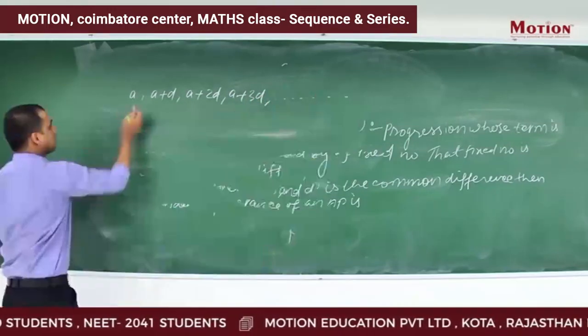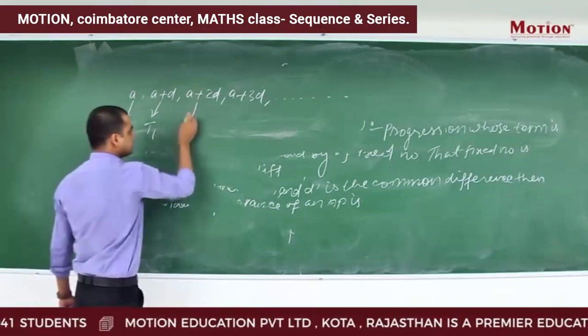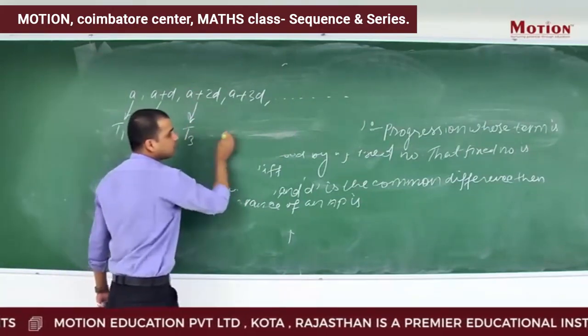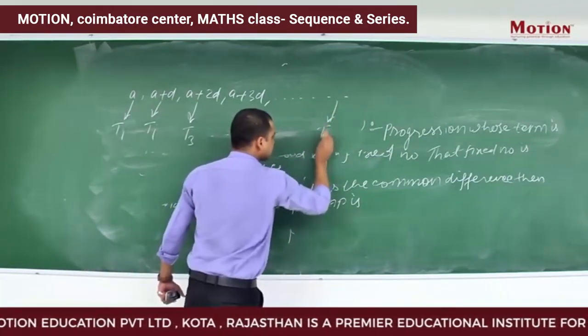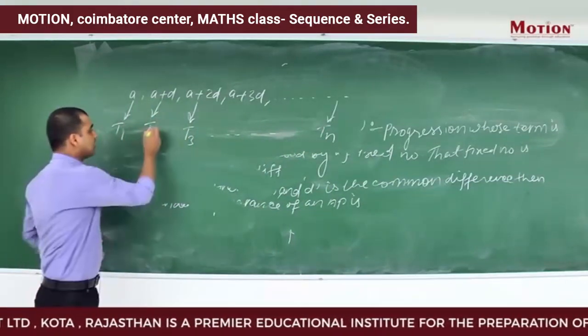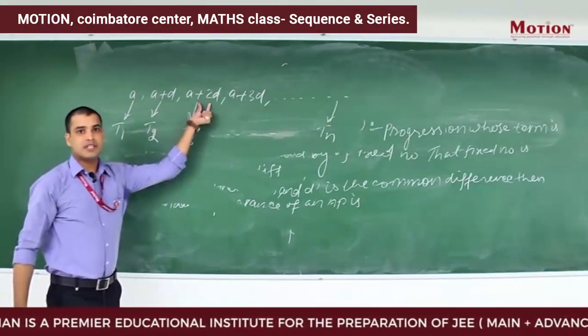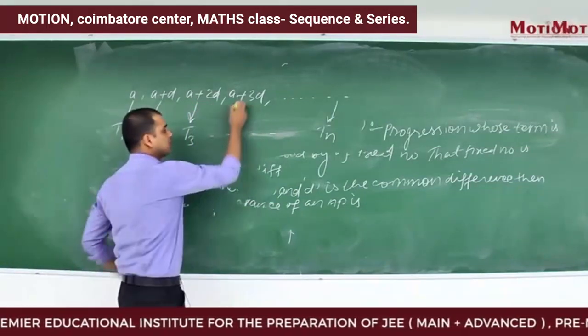In this way, this is our first term, this is our second term, this is our third term. So I want to write the Tn term. See, this is our first term A, this is our second term T2, meaning A plus D, this is our third term T3, meaning A plus 2D, this is our fourth term, T4.